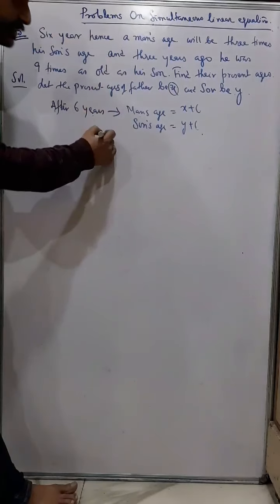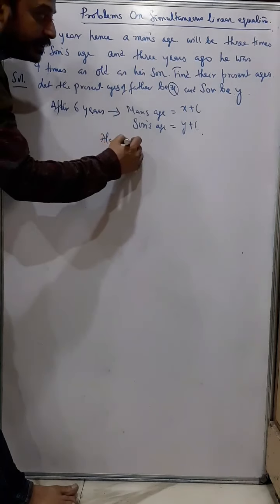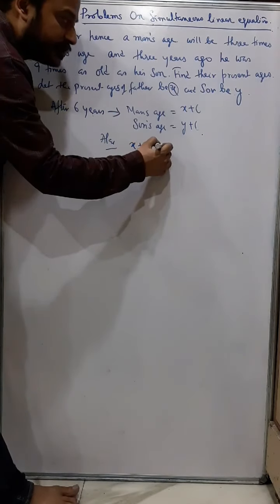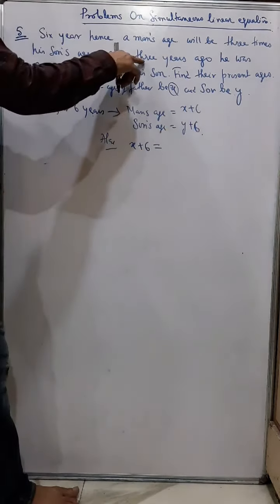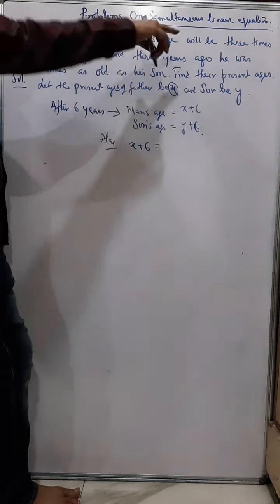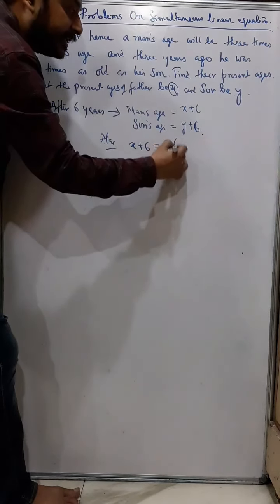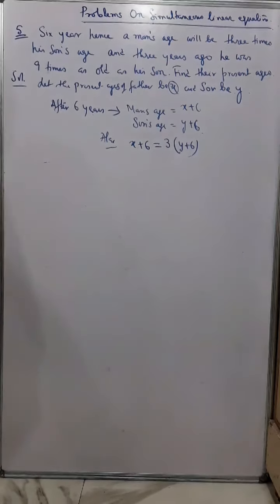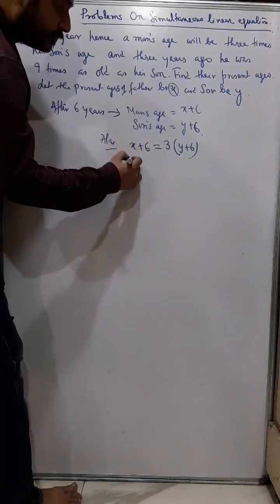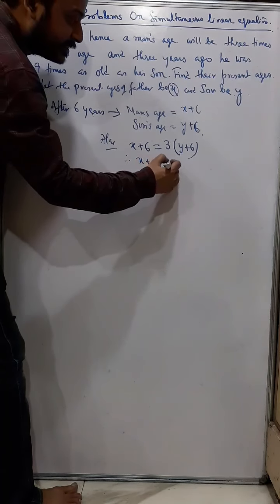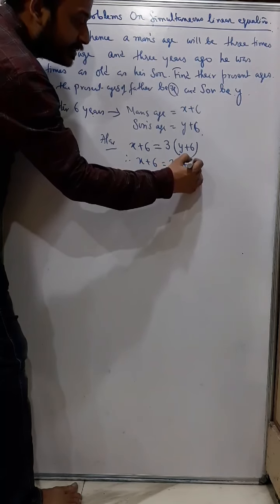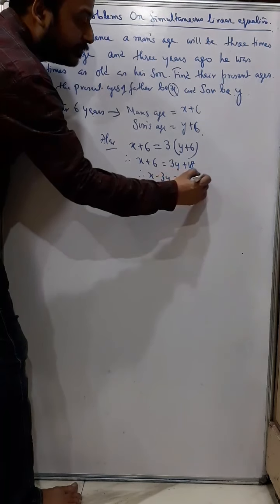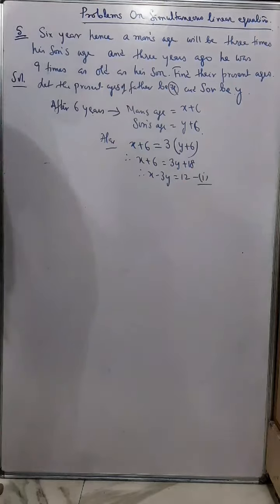So x plus 6 equals 3 times (y plus 6), that is 3y plus 18, and then I get x minus 3y equals 12. That will be my first equation.